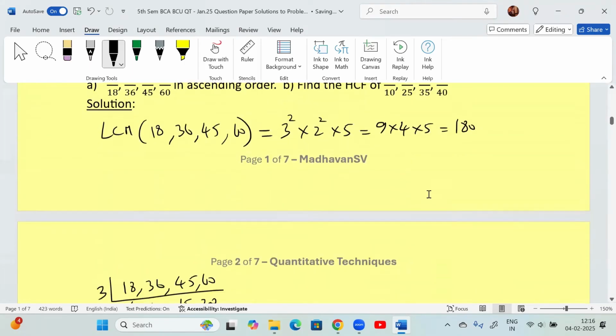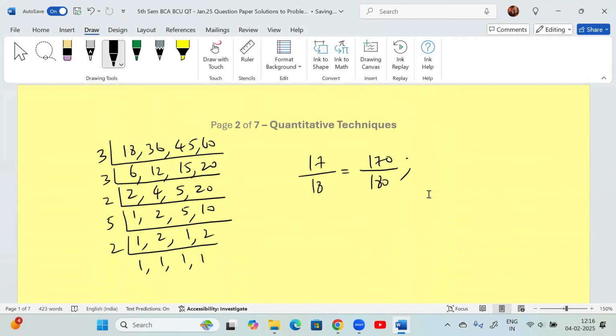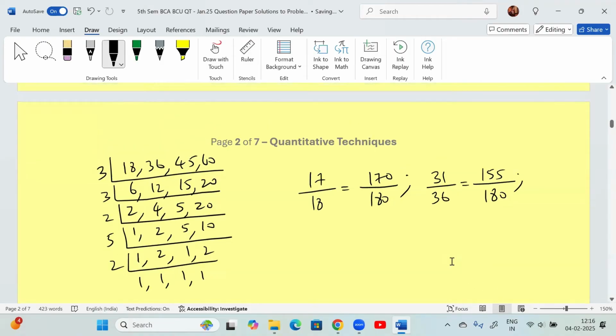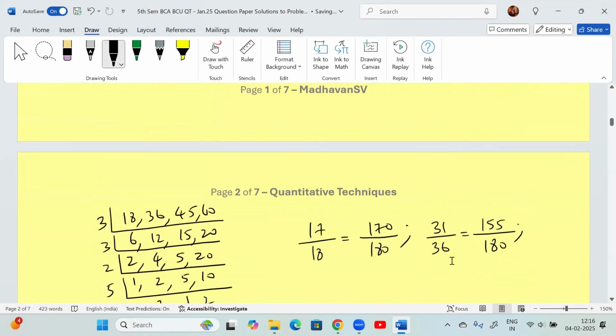Second fraction is 31 by 36. Denominator, we are making it 180, which means numerator also we should multiply. 36 into 5 gives you 180. So numerator also will multiply by 5. We get 155.